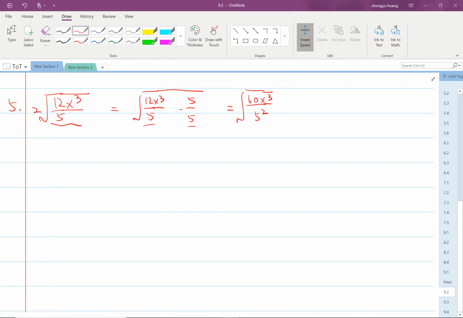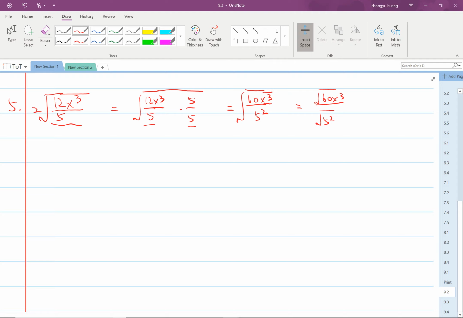After that I'm going to show you one of the properties. It's equal to the square root of 60x to the power 3 over the square root of 5 squared, 5 to the power 2.